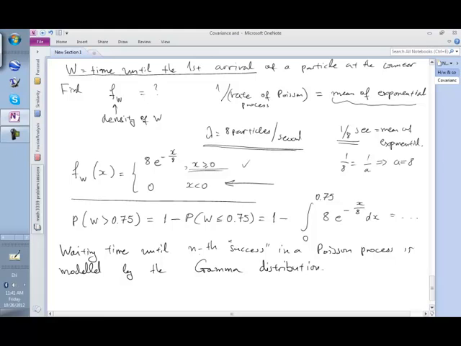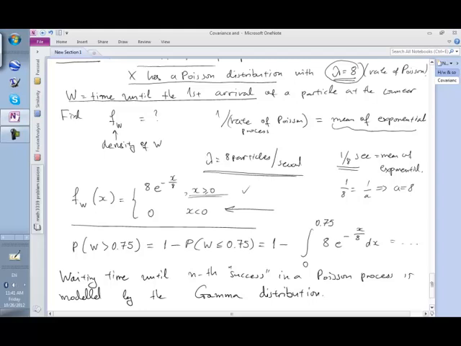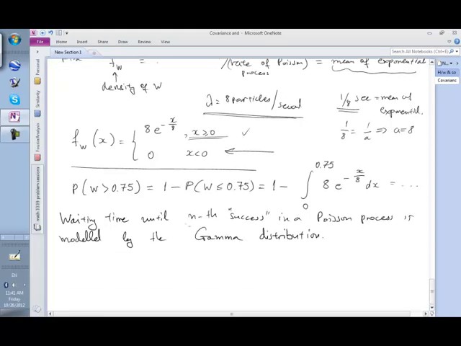So to find the probability model for this version of W, where W is the waiting time until the second particle arrives at the counter, it has a gamma distribution.